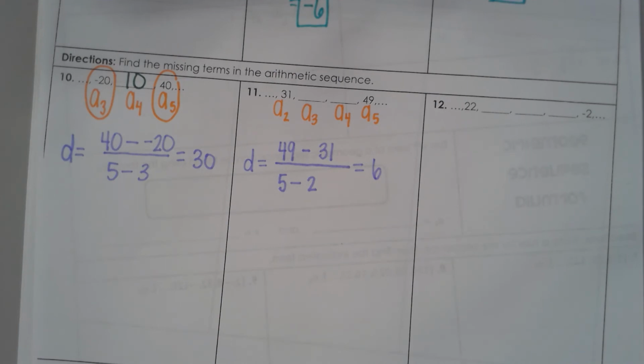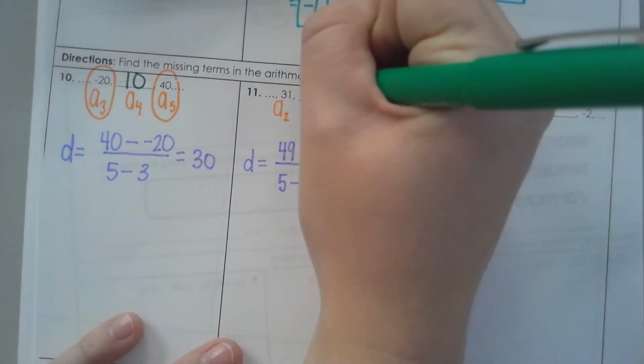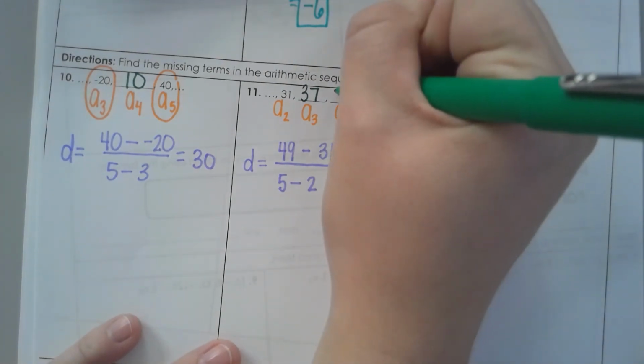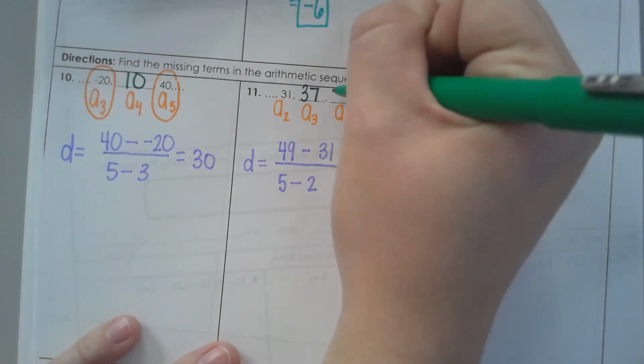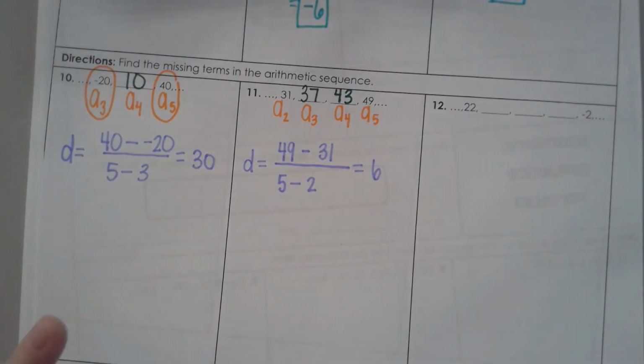Yeah. So that means if I do 31 plus 6, I get 37. 37 plus 6, 43. Is 43 plus 6 49? Yes, it is.